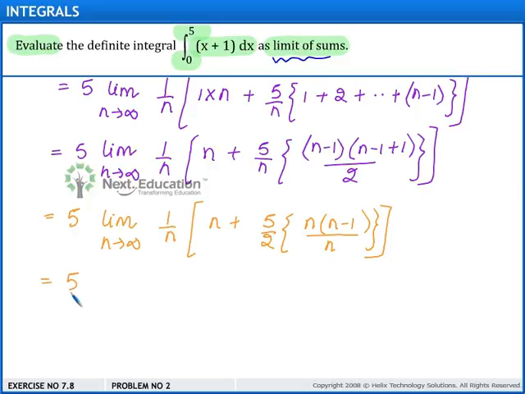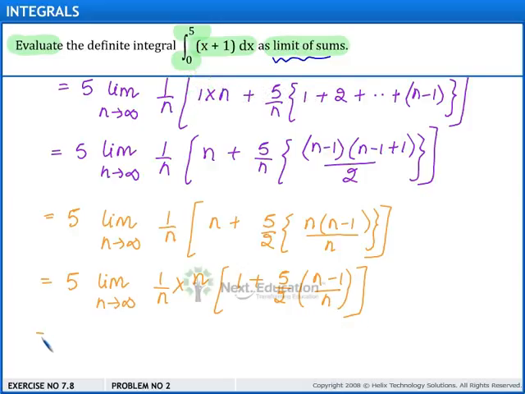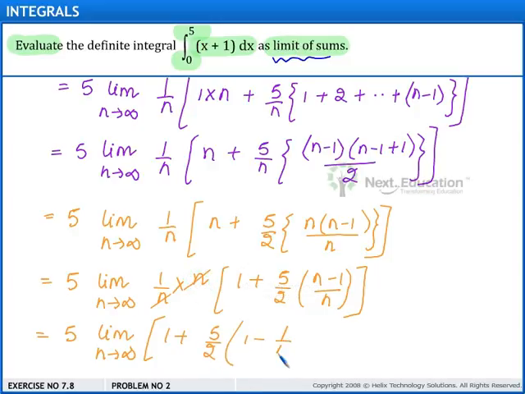So this is equal to 5 into the limit as n approaches infinity of 1 upon n, taking n common, we have 1 plus 5 upon 2 into (n minus 1) upon n, and this is equal to 5 into the limit as n approaches infinity, these two n cancel out, and inside we have 1 plus 5 upon 2 into (1 minus 1 upon n).